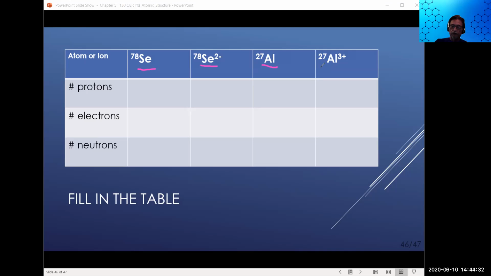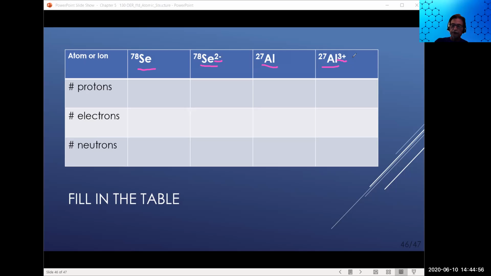Aluminum is still aluminum. Okay, we're still working with aluminum 27. The difference between the two is this one here for selenium has a -2 charge, so it's an ion. What would change would be the number of electrons. Aluminum went from aluminum 0 to aluminum plus.